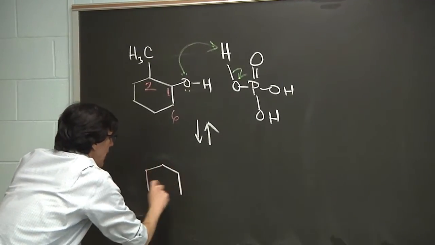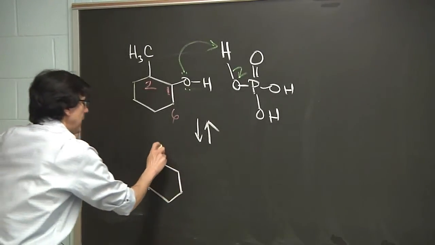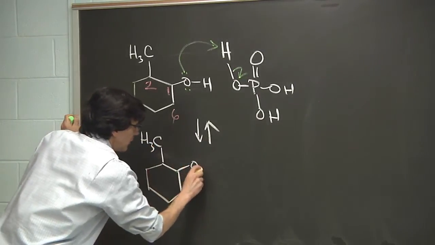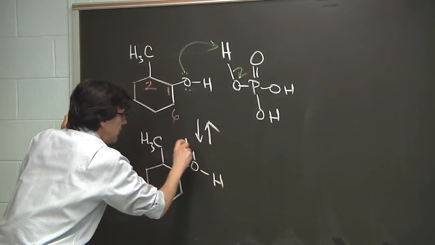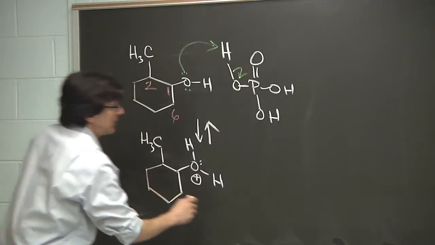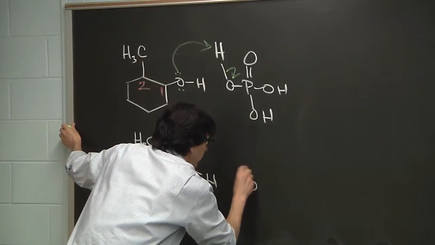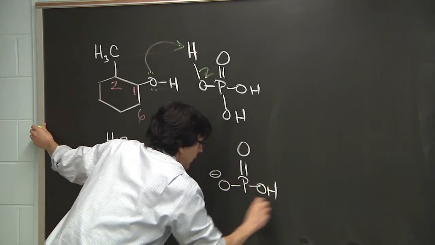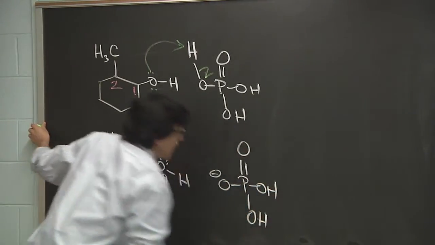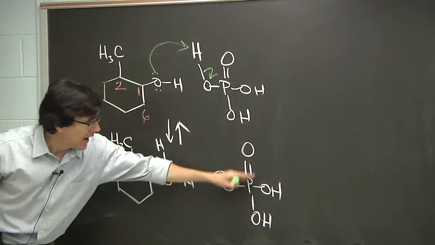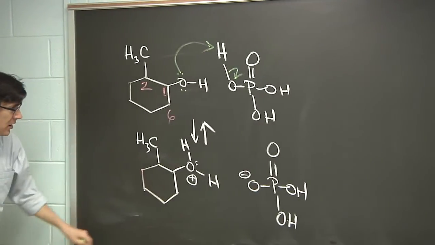A lot of the steps here are going to be readily reversible, maybe all of them, because you could put a proton onto your alcohol and generate its conjugate acid. And that's also going to generate the conjugate base of phosphoric acid. This is dihydrogen phosphate here.